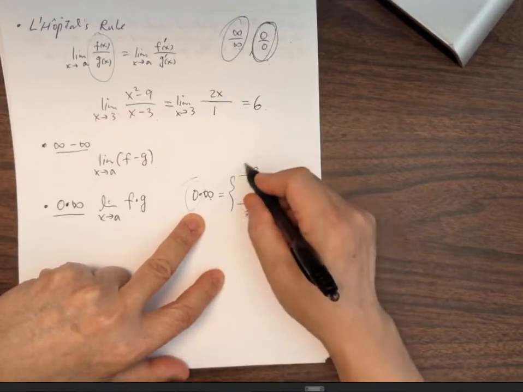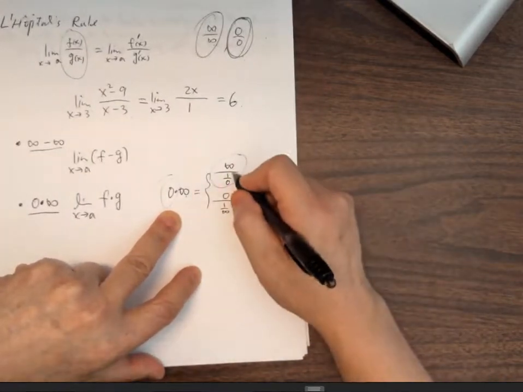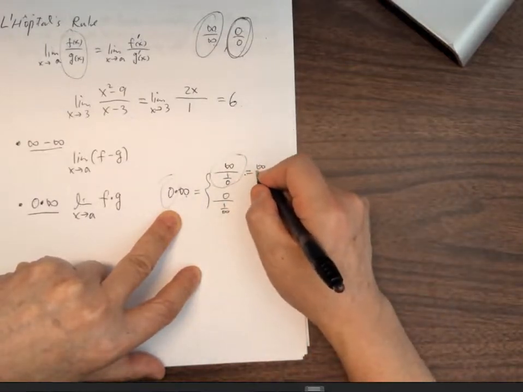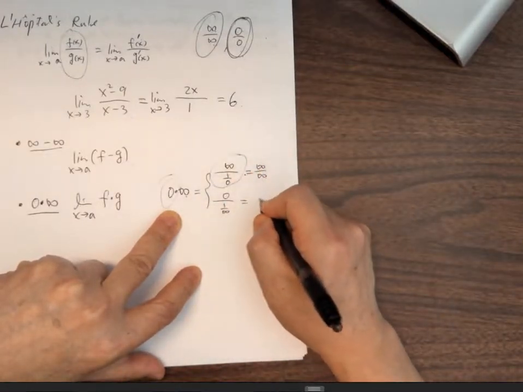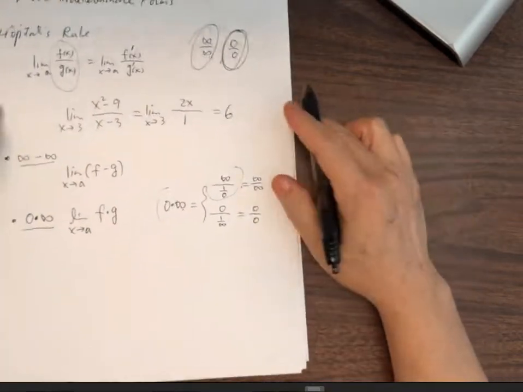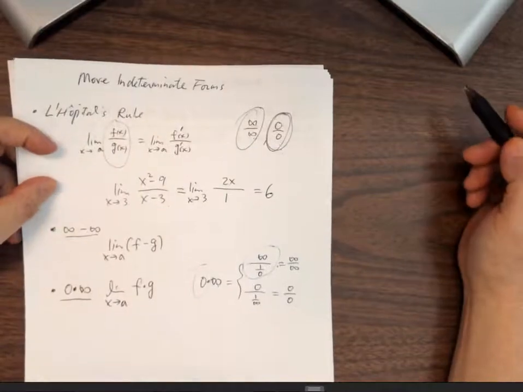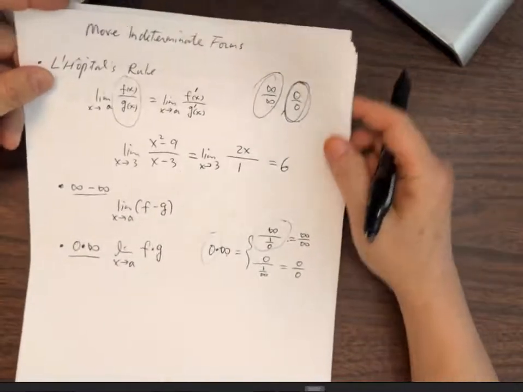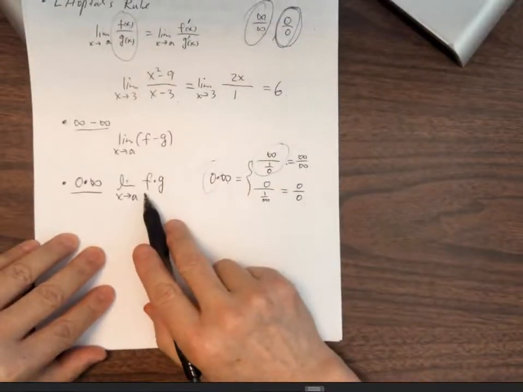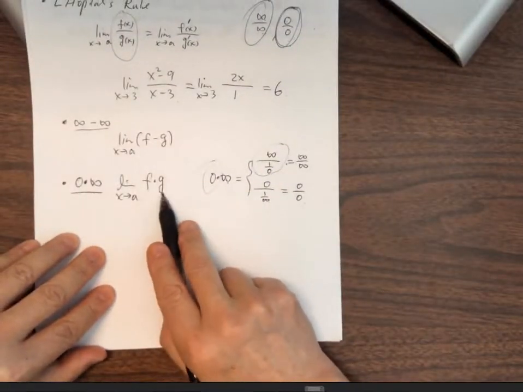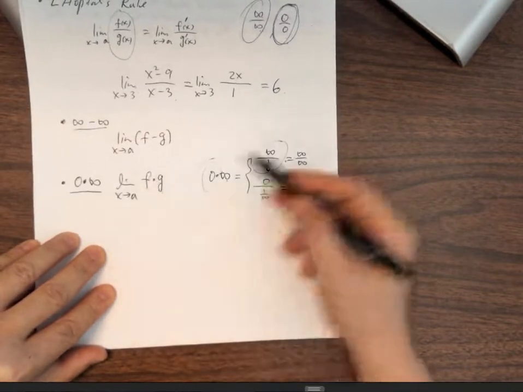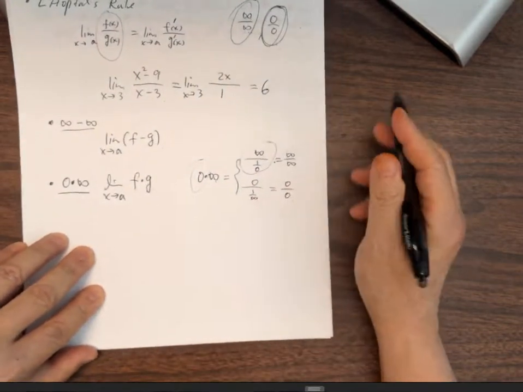If this is what we have, 1 over 0 is like infinity, so this is basically infinity over infinity. For this case, you basically have a 0 there. So either way, we can apply L'Hopital's rule. That's how we do it. Pretty simple. With the product, 0 times infinity or infinity times 0, you can flip one of them and put it on the bottom. Either you have this or this.